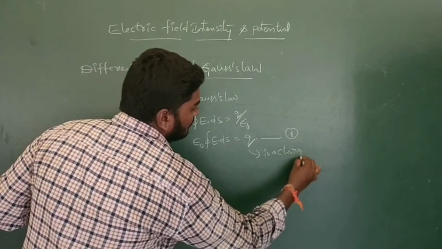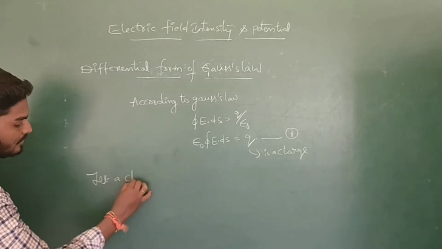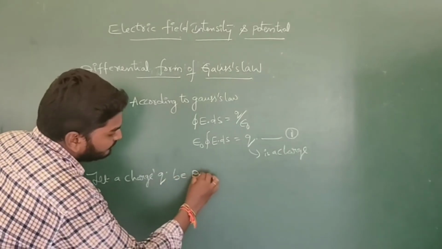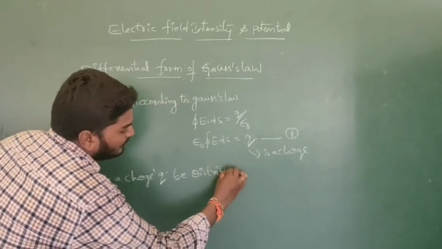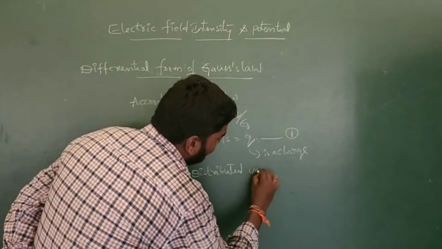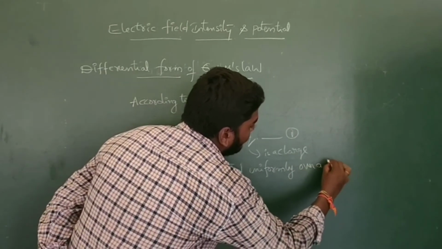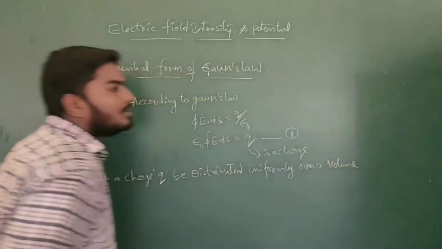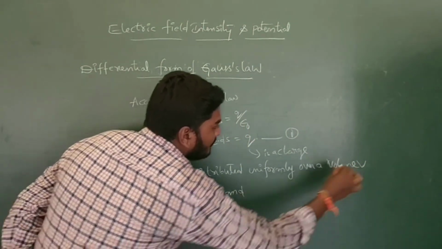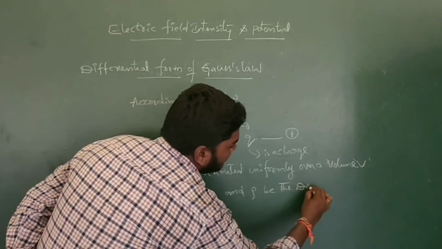Let a charge q be distributed uniformly over a volume V, and let rho be the density.